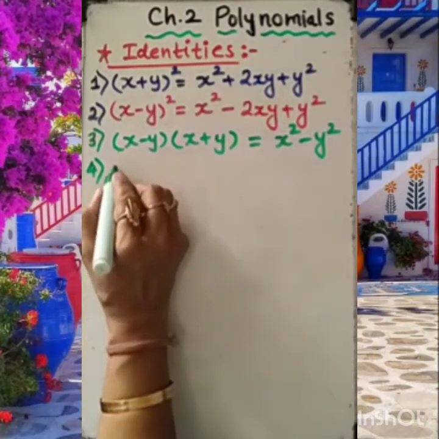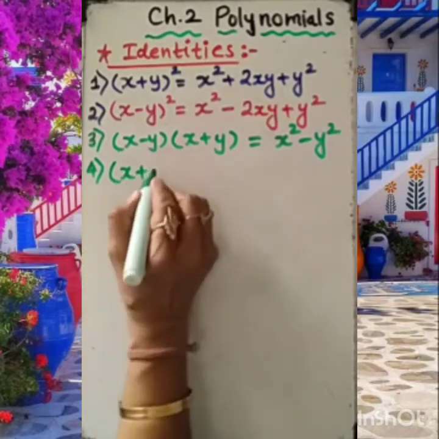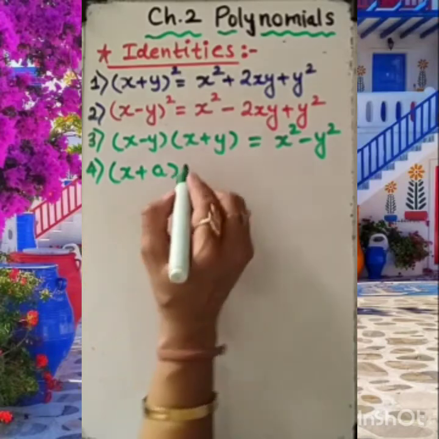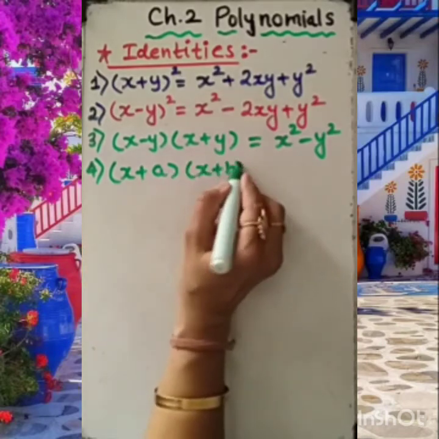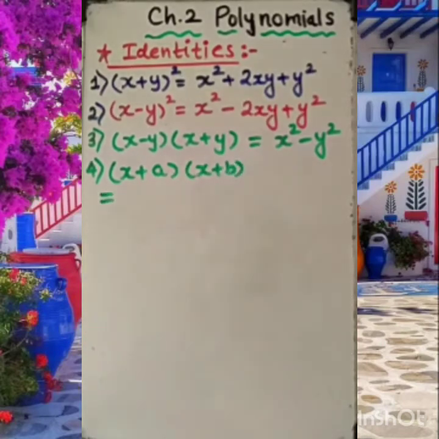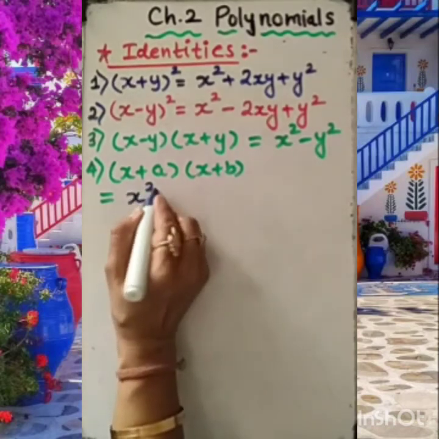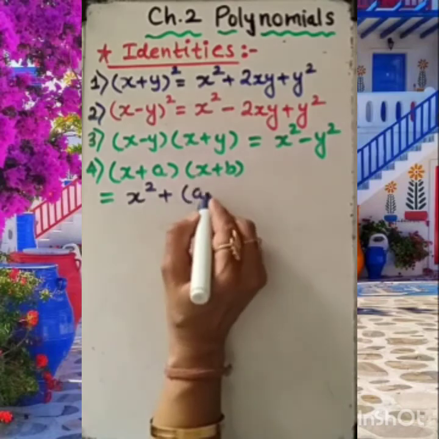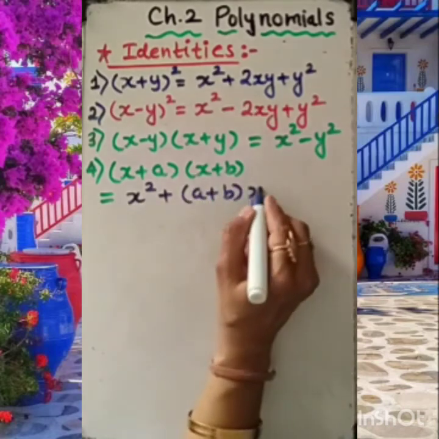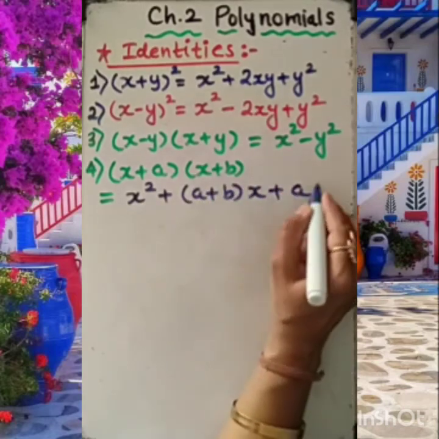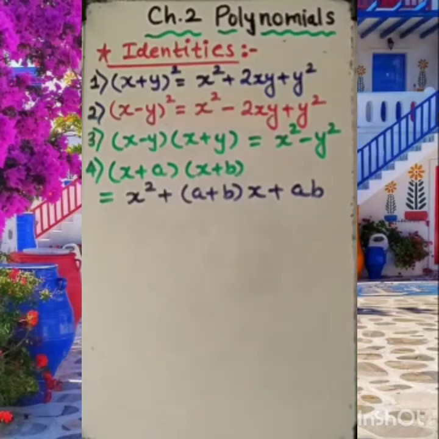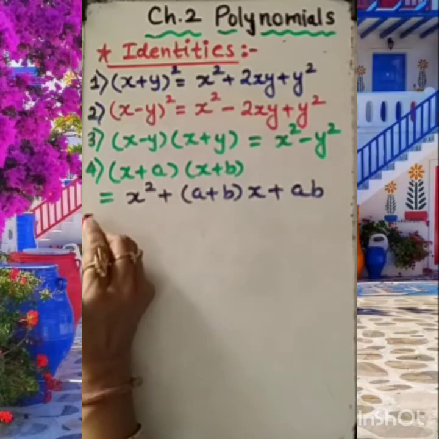One more identity which we have studied is the useful identity, (x plus a)(x plus b), which is equal to x square plus (a plus b) x plus ab. This is the fourth identity. Numbering we are giving for a better understanding.